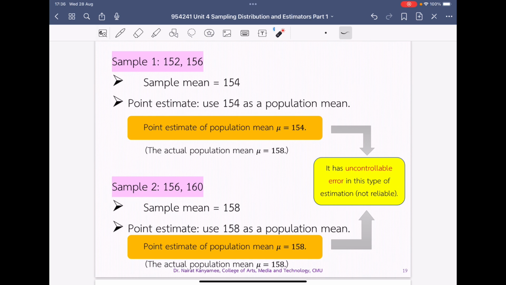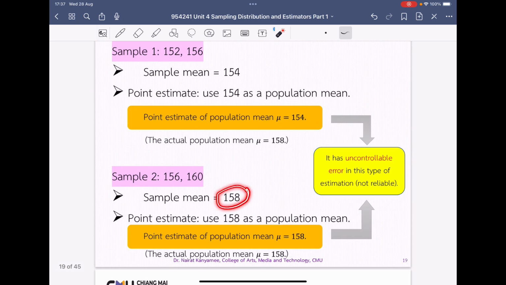But if I take out another sample, 156 and 160, the sample mean would be 158 kilograms, right? And I will use this one as a point estimate for the population mean. So with this sample, I use 158 as the population mean. Keep that in your mind: the actual population mean is 158.